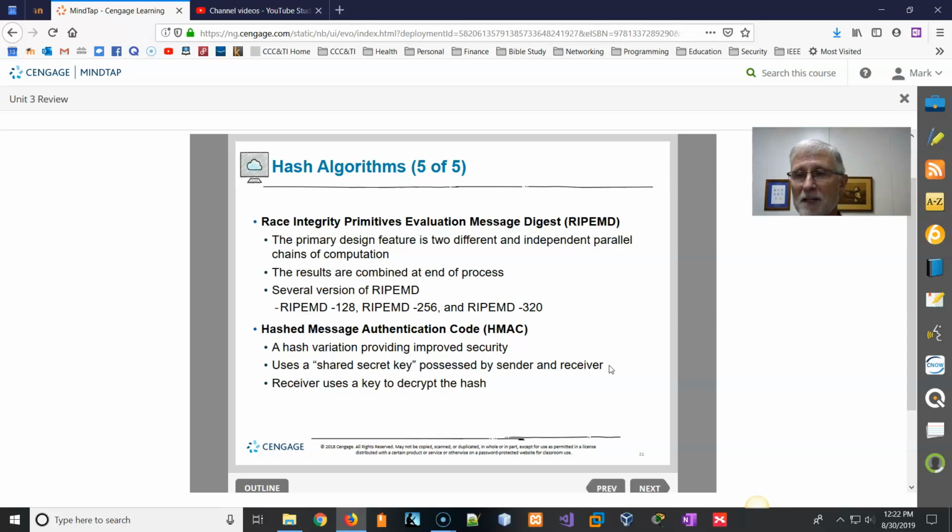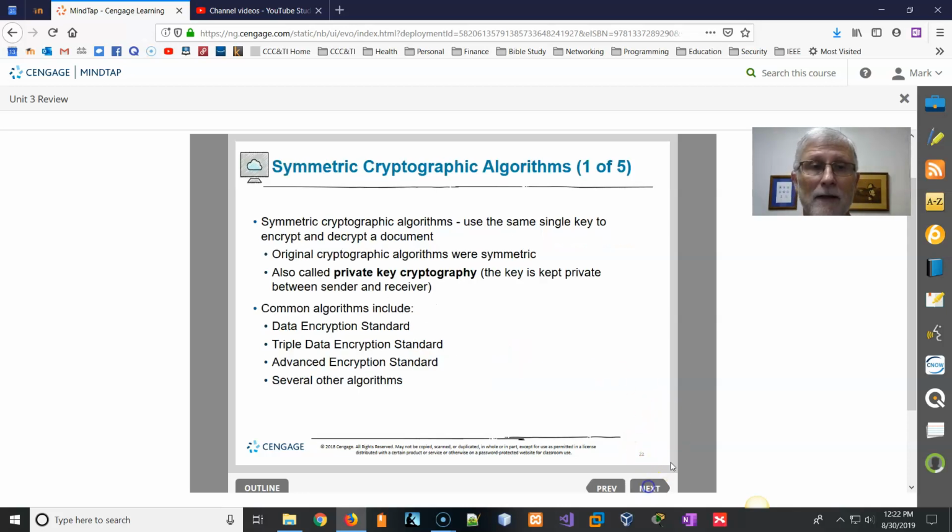So just know that one's out there. And there's also the Hashed Message Authentication Code, which provides improved security. It uses a shared key possessed by both the sender and receiver, and the receiver uses the key to decrypt the hash.